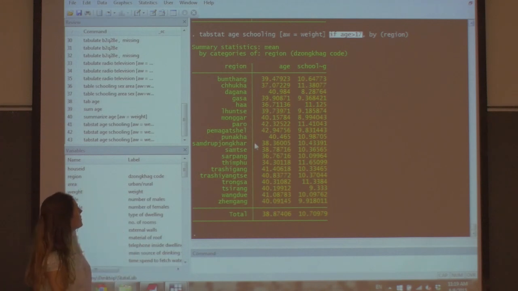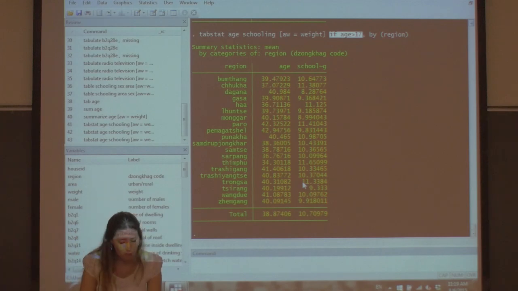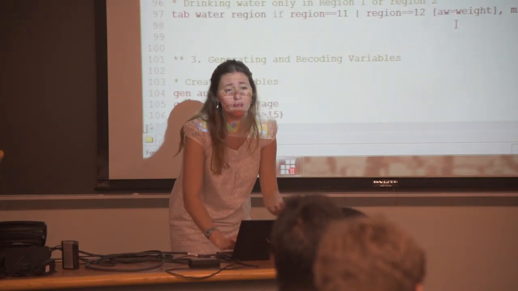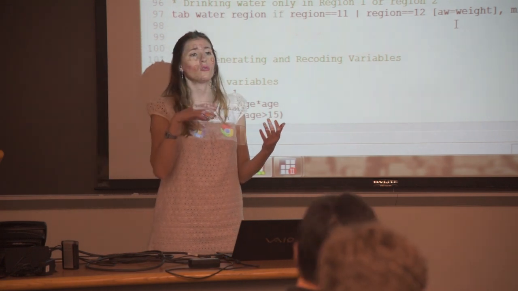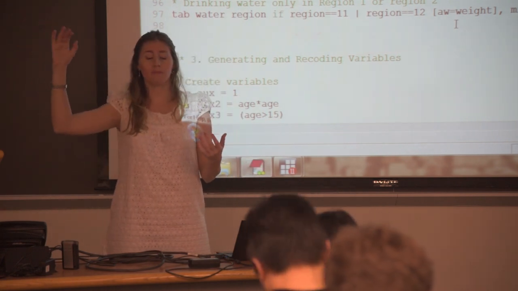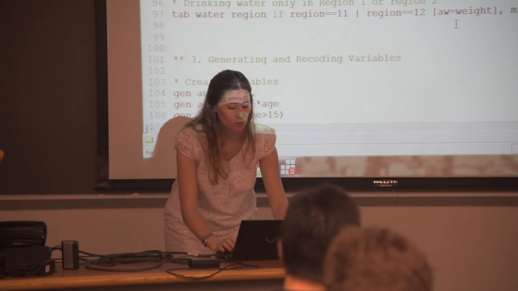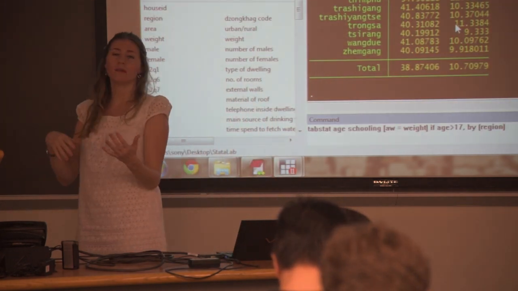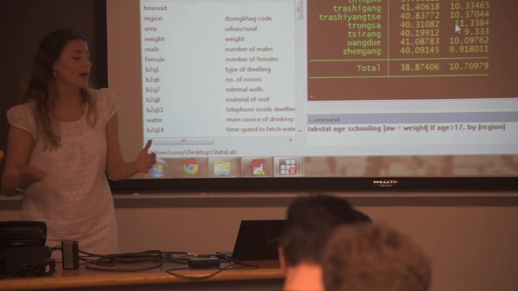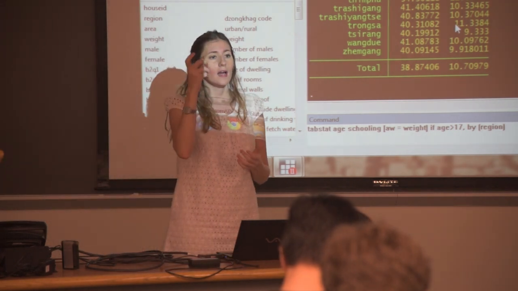So here we are asking for this condition that only people that have age above 17 need to be included in these estimations. And you can add many filters at the same time. You could also add a top value of age. So you could say that you want people that are between 18 and 25, for example. And in that case, you would need to add an additional filter.